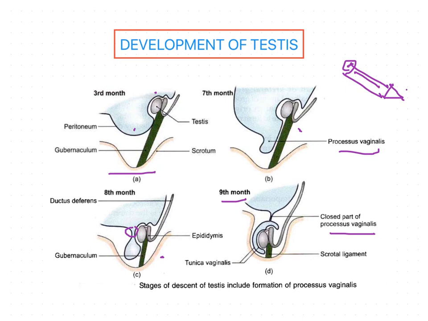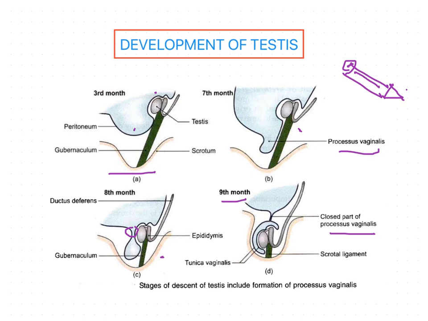So what are the factors which cause the descent here? Normally the causes of descent are not well known, but some of the factors which really help in this process are, one, the hormones, which include the male sex hormones produced by the testis and the maternal gonadotrophins, and differential growth of the body wall.